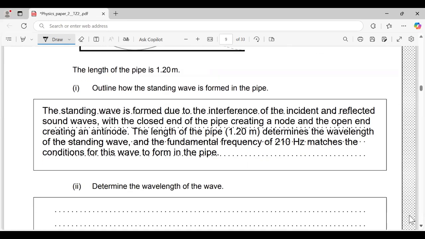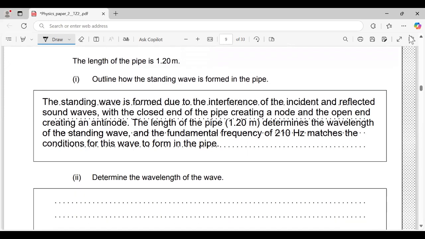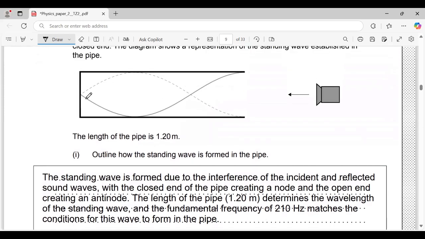Next, determine the wavelength of the wave. I will explain about this wave. This is actually not one wave, because the wave goes only from this point to this point. This is a half wave.